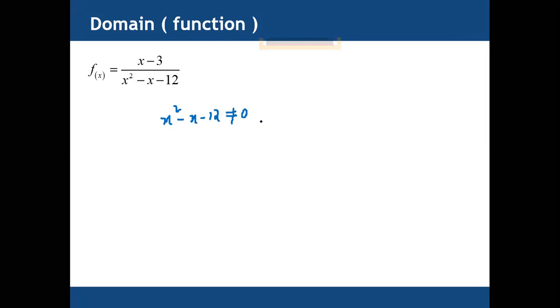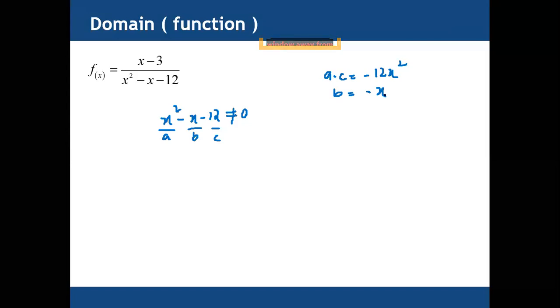So again with the help of factorization, we have a, b, c: a is 1, then b, and minus 12 is c. So multiply a with c, equals minus 12x square. What is b? b is equal to minus x. Find two numbers that when you multiply give minus 12 and when you add give minus 1.